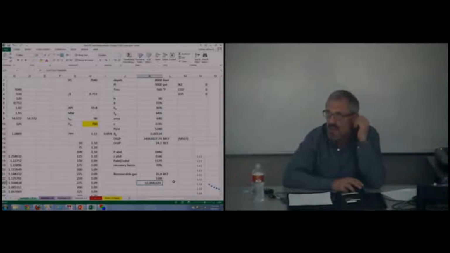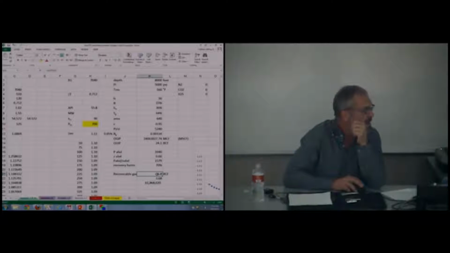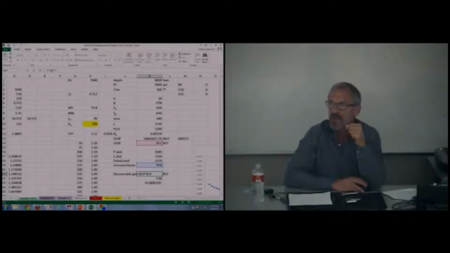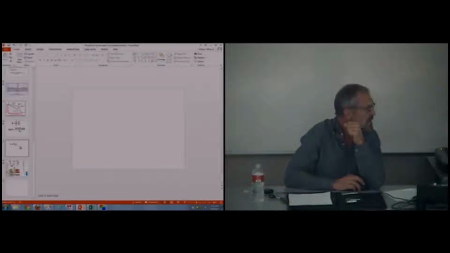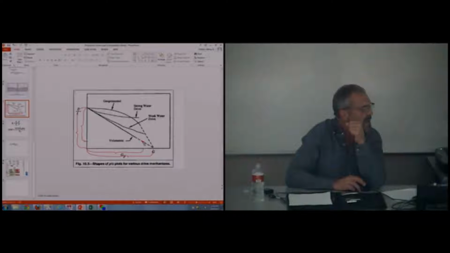So how do you get 16.8? I multiplied the gas in place times the recovery factor. See, basically I'm moving, where's my, oh, here it is. That's my red dot. So that's how much gas I can produce based on my gas in place. G is another symbol for OGIP, original gas in place.